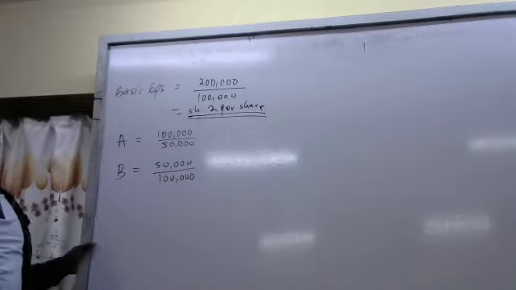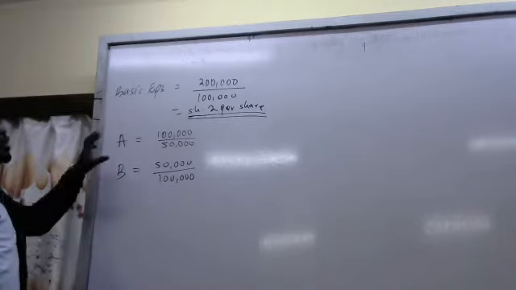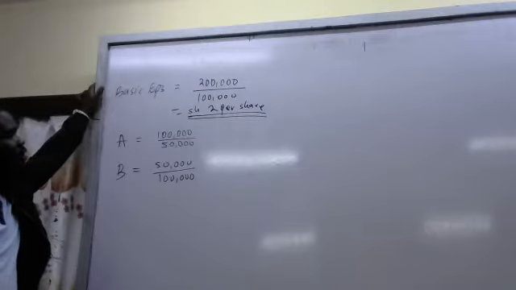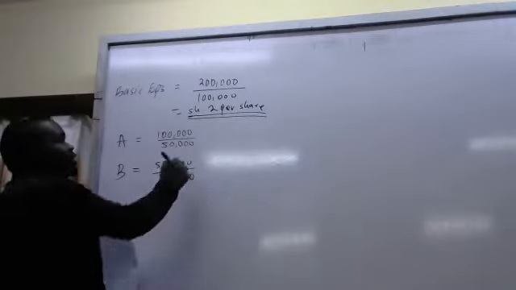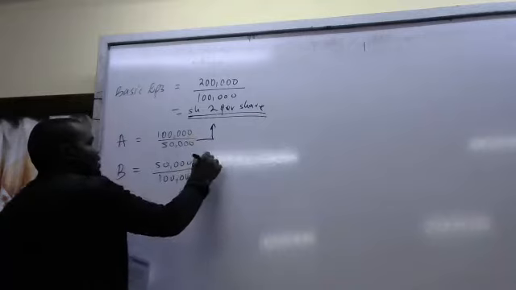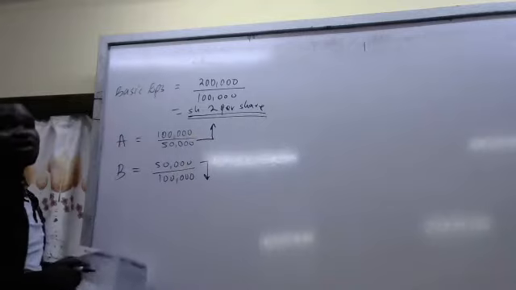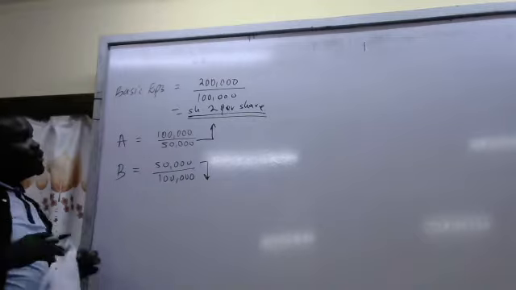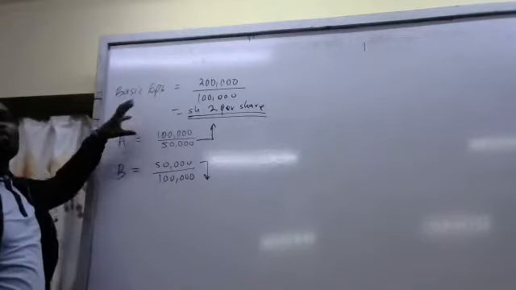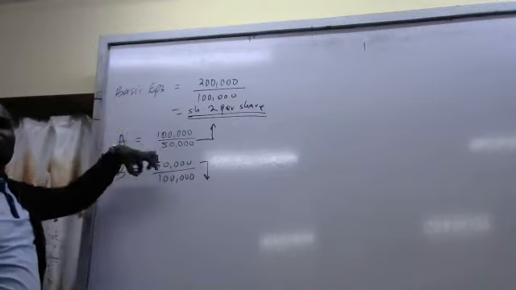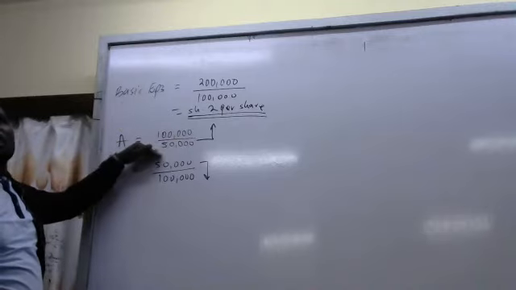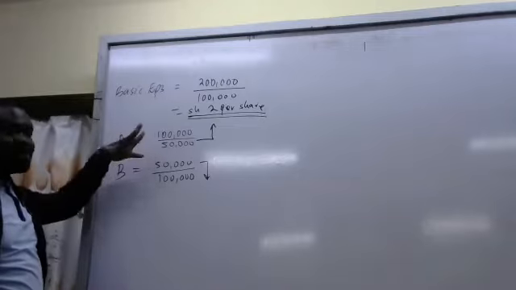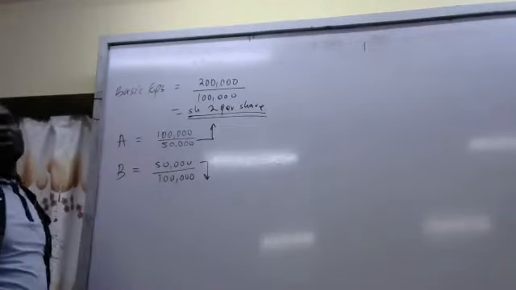Which one increases EPS of those two? A. Yes, A will increase EPS, while B will decrease it. So when the examiner tells you to check the anti-dilutive, you check the one giving you more profit with less shares. It will increase EPS. But the one giving you less profit with more shares will decrease EPS.